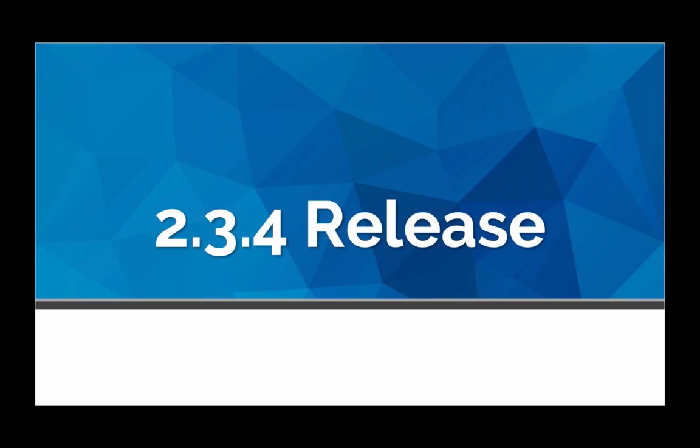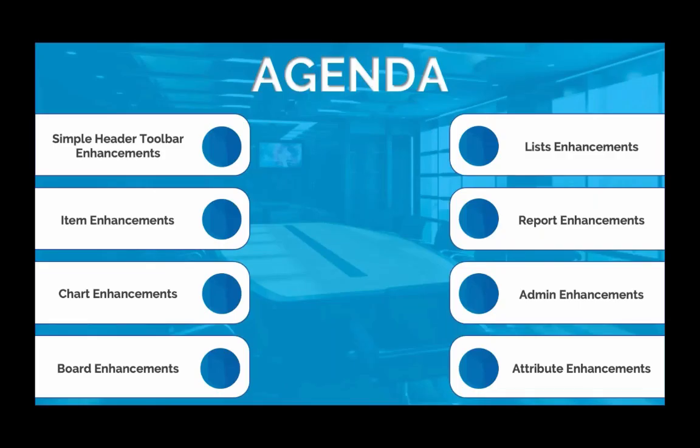Let's take a look at what's actually on our agenda. We're going to start with some simple header toolbar enhancements. From there, we're going to get into some item enhancements. We'll take a look at a couple new chart enhancements specific to the threshold charts in KaiNexus.